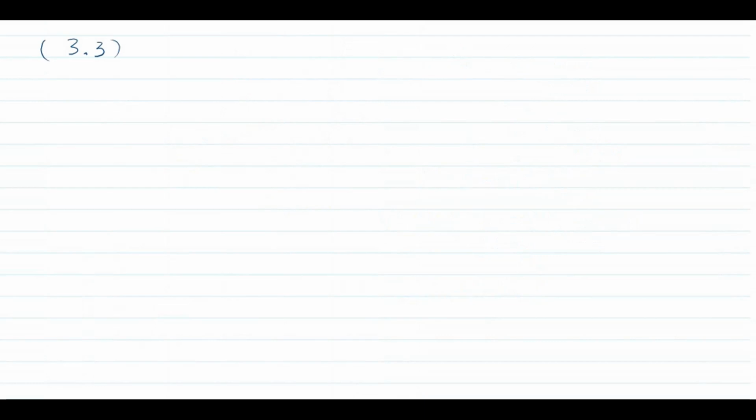Our line SK is given as 5y plus 2x plus 60, which is equal to 0. But we need to get this equation of the line SK in the form y equals mx plus c.